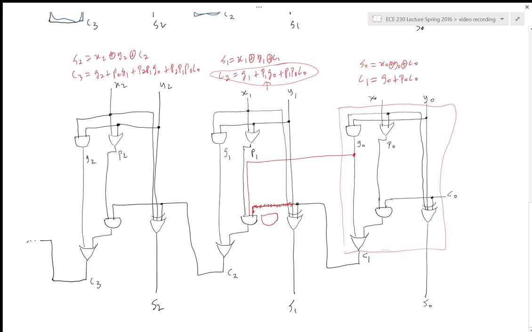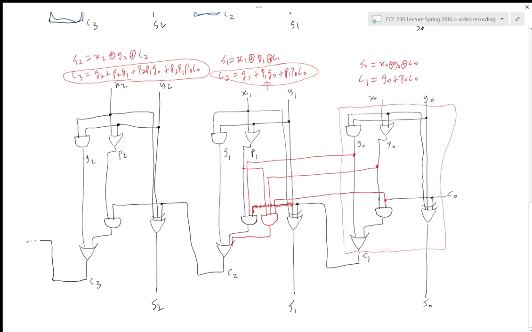Okay, now we need to build the next term. So we have P1, P0, and C0, which is the original carry. Okay, and do you see that big OR gate right there? This gives us C2. Okay, so now the next one. Do you see how much more complicated this can get?